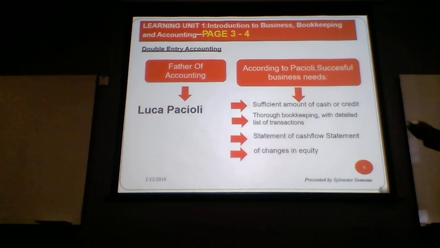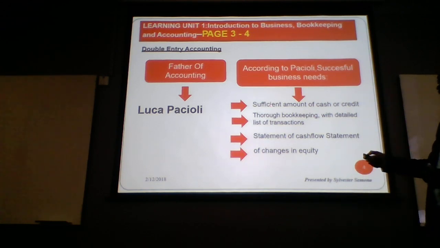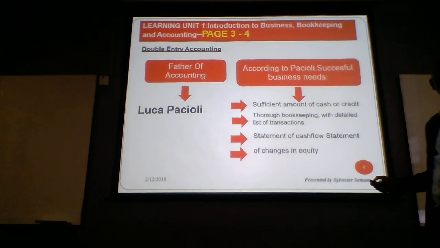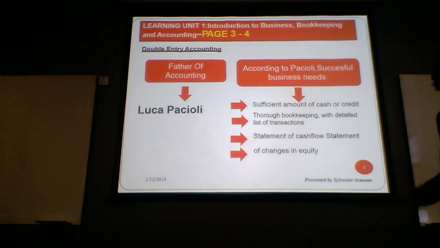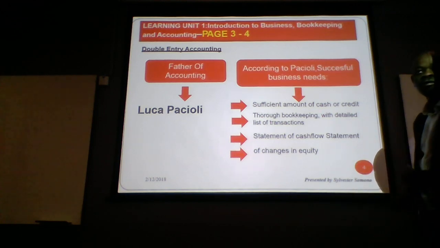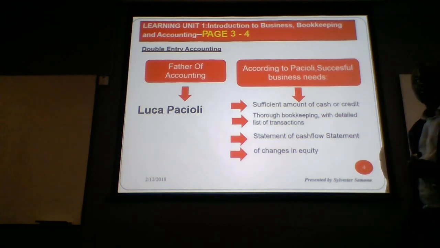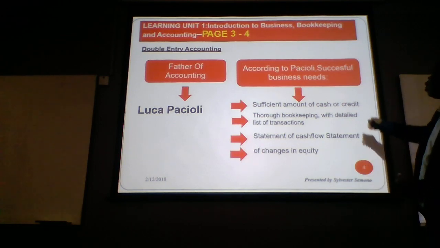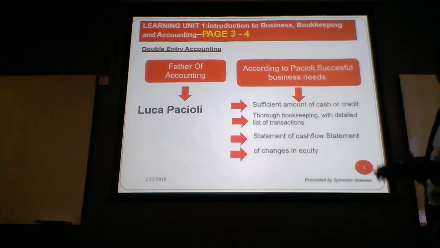Okay. So according to him, a successful business needs a sufficient amount of cash. That's true. You'll see by the time when we start recording transactions, some transactions are in the form of cash, and some of them are in the form of what? Credit. Remember, we don't always have enough cash at our disposal.